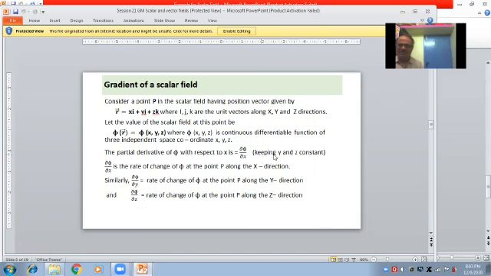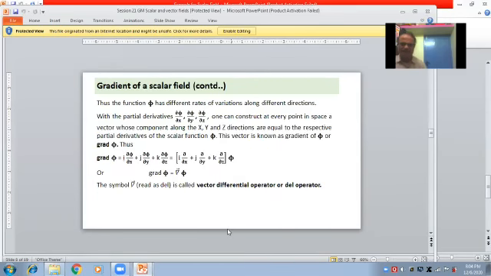Dou phi by dou x is the component of this scalar field along the x-axis, dou phi by dou y is the component along the y-axis, and the same along the z-axis.